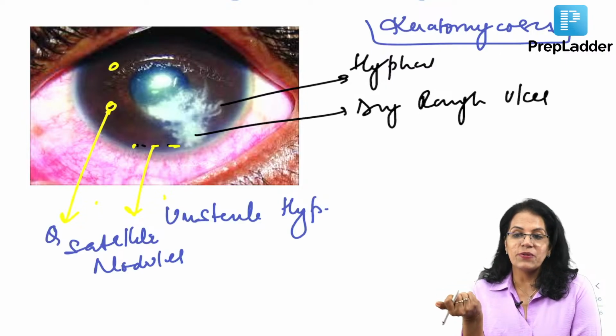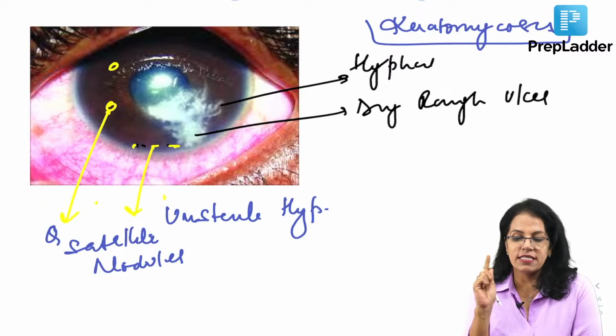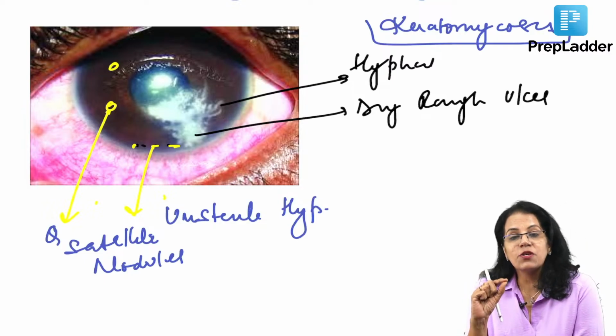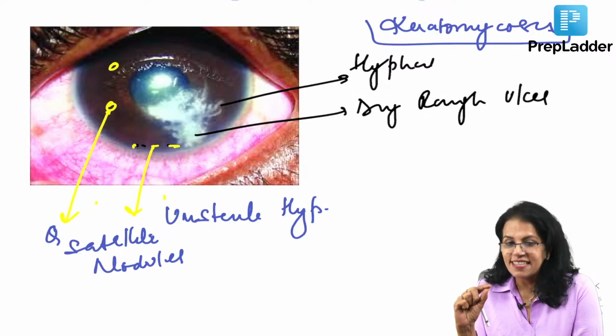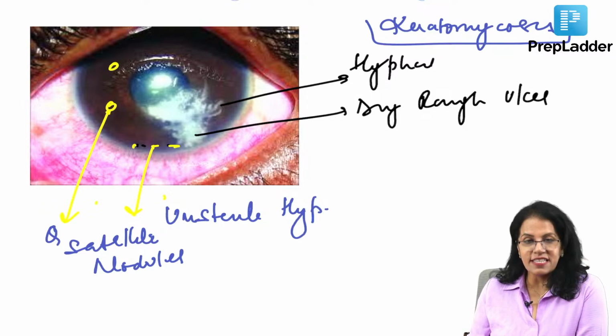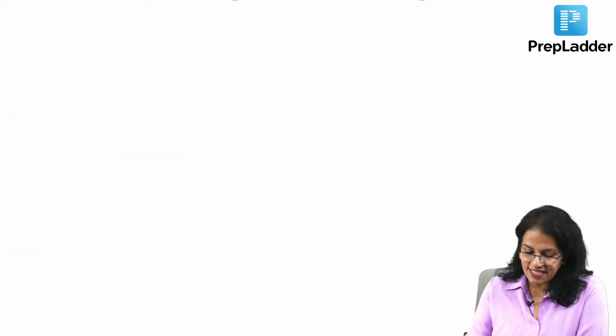So, what will you answer? Aspergillus fumigatus. What is the second best answer? Fusarium. Don't forget this. And if I ask you most common fungus infecting lids, it is Candida. Very good. And most common fungus causing endophthalmitis is again Candida. And most common fungus which is causing orbital cellulitis, mucormycosis.